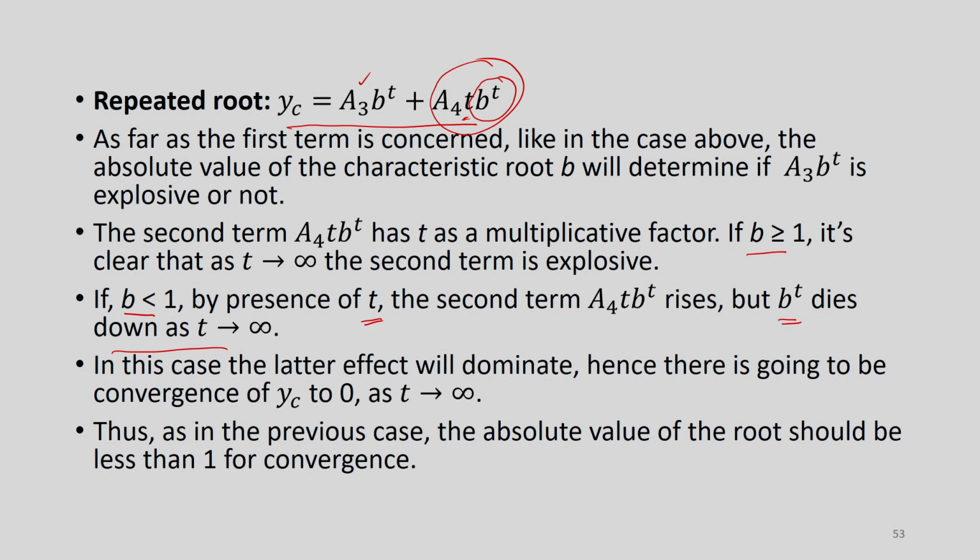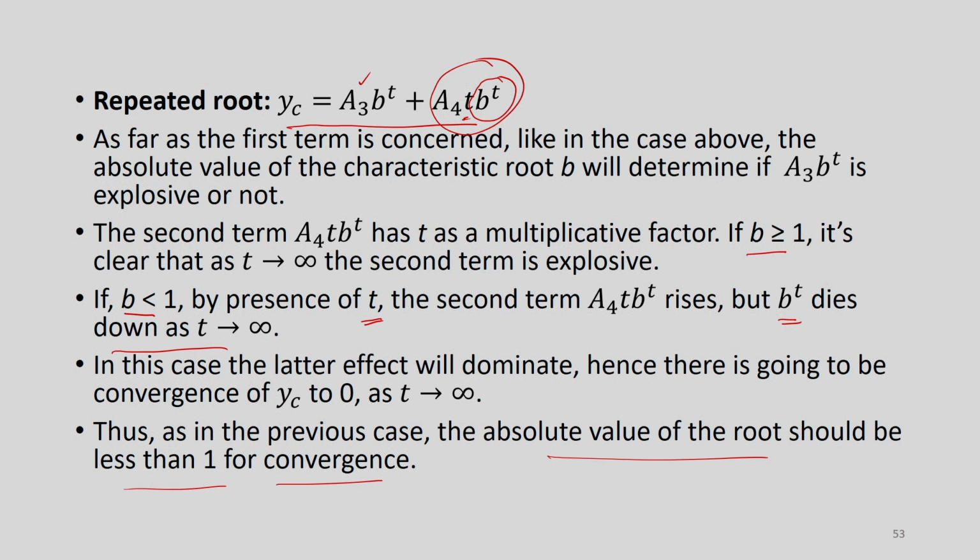So, one way to understand this is that b to the power t goes to 0 as t goes to infinity. So, that pulls down the entire term, that is a 4 t multiplied by b to the power t. Thus, as in the previous case, the absolute value of the root should be less than 1 for convergence.